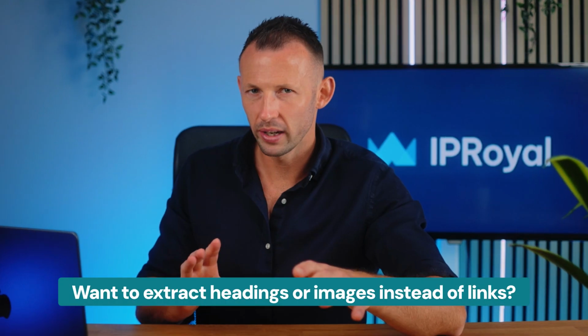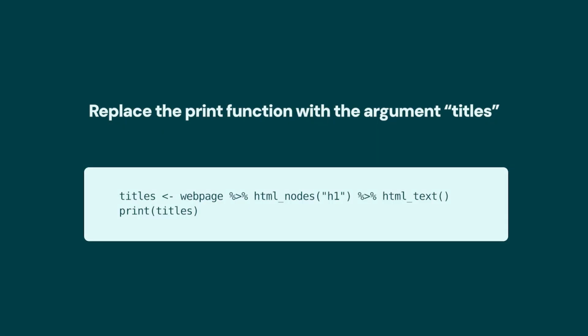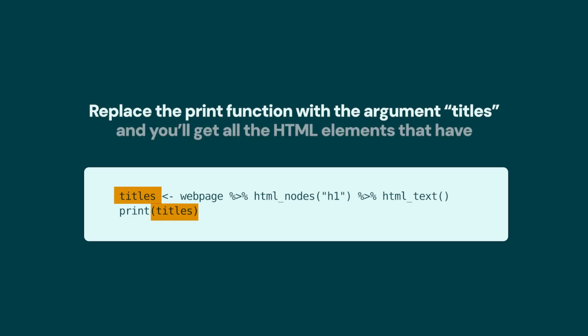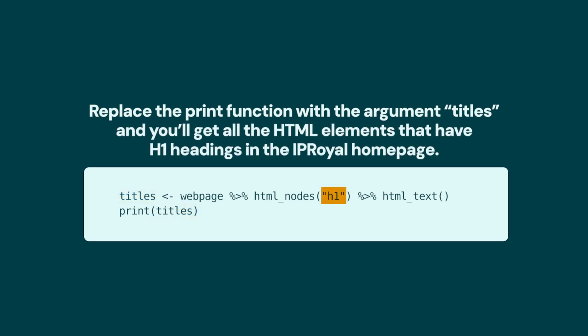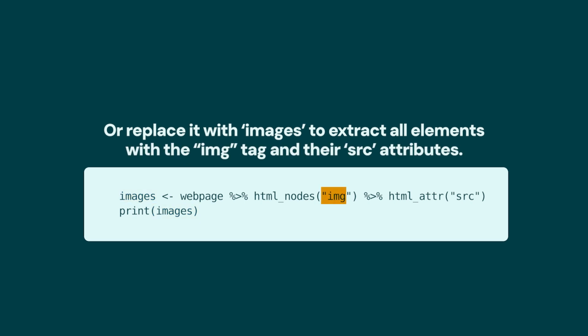Want to extract headings or images instead of links? Let's say you want to extract titles from the IPRoyal homepage. Replace the print function with the argument titles, and you'll get all the HTML elements that have H1 headings in the IPRoyal homepage. Or replace it with images to extract all elements with the img tag and their src attributes.